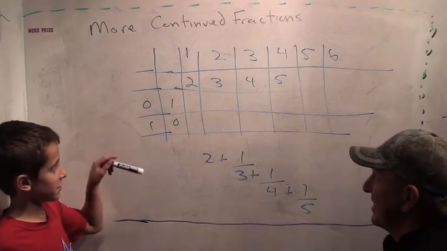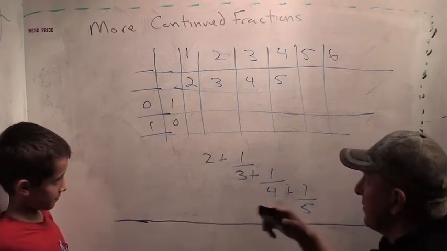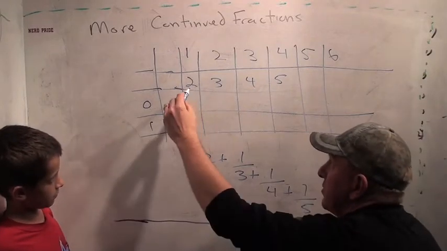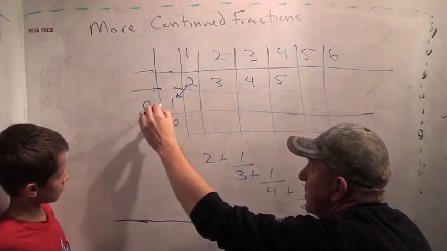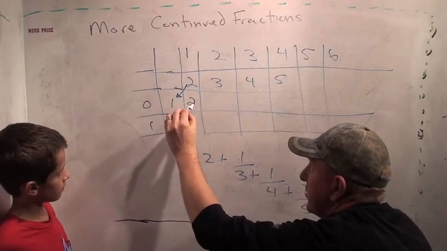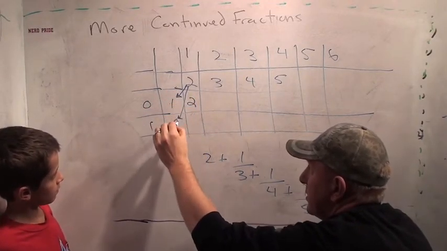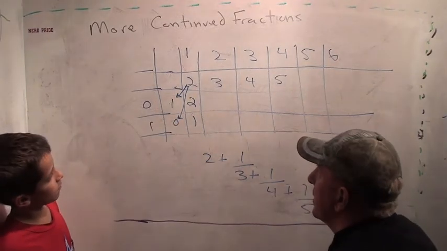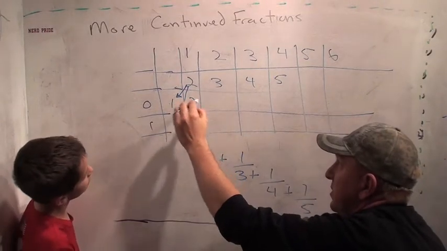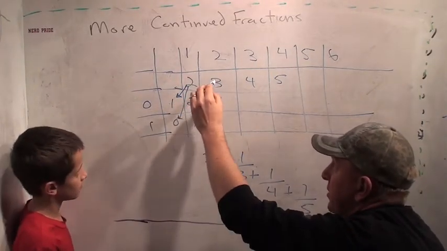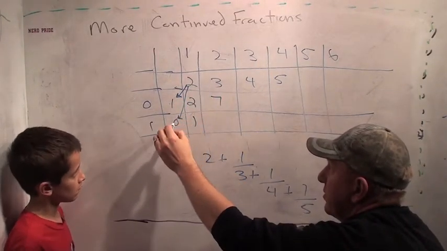To get the convergents, all we do is we multiply down and add. So 2 times 1 is 2, plus 0 we get a 2. 2 times 0 is 0, plus 1 is 1. Now we keep doing the same process. 3 times 2 is 6, plus 1 is 7. 3 times 1 is 3, plus 0 is 3.